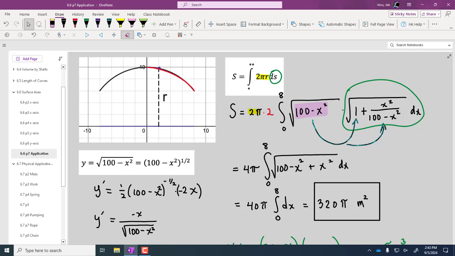Okay, any part of that that you want to ask about? Yeah? Why do you have to turn ds into dx? So when we look at this graph here, we know that these numbers are x's. We know that these numbers are y's, but we don't see any s's.